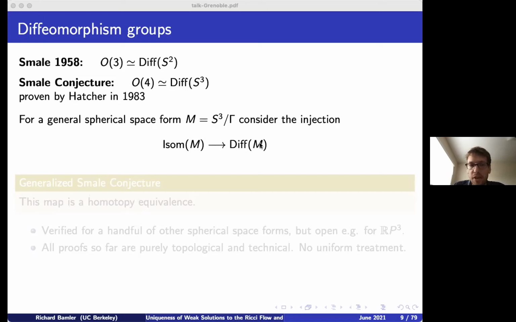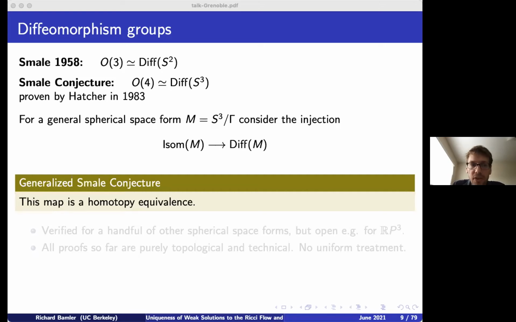And so now the generalized Smale conjecture would say that this map is a homotopy equivalence for any spherical space form. This result was verified for a handful of other spherical space forms, but it was open for RP3.